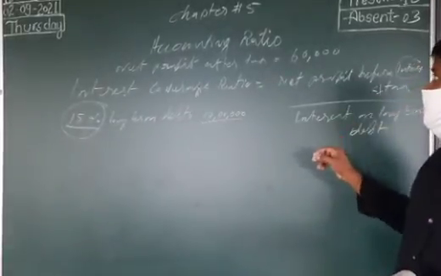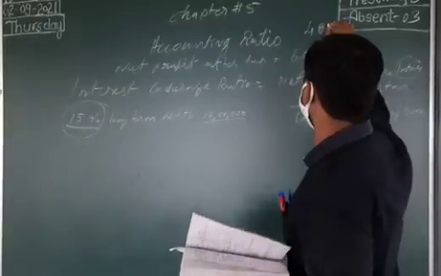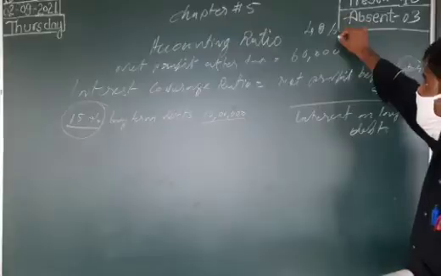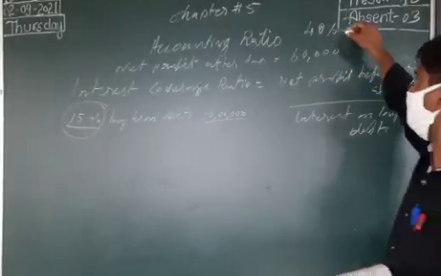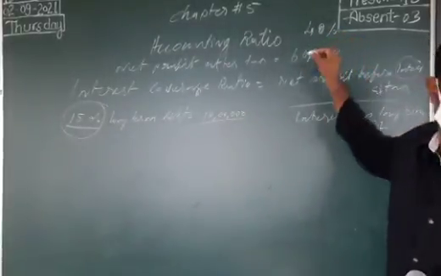And the tax percentage is also given. The tax percentage is 40%. But here you should understand that we already paid this 40% tax. After paying that 40% tax, we got 60,000 rupees as profit.